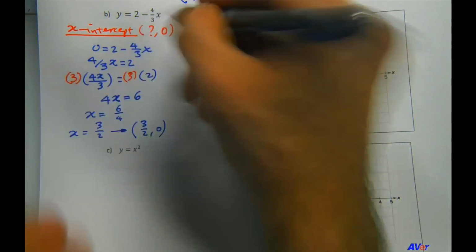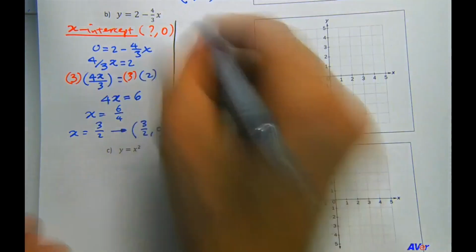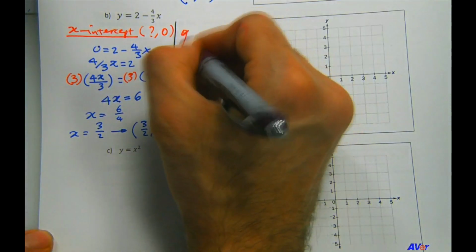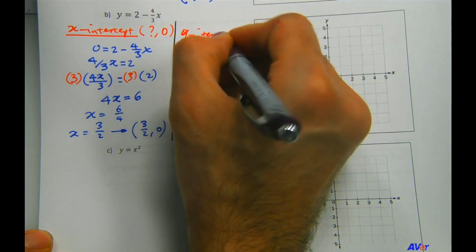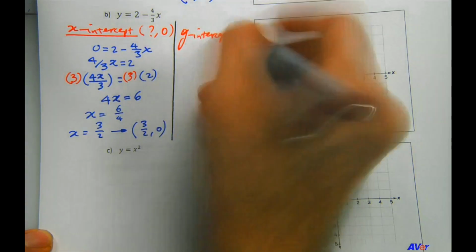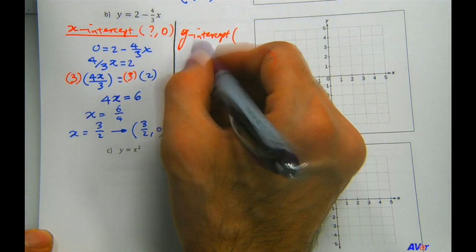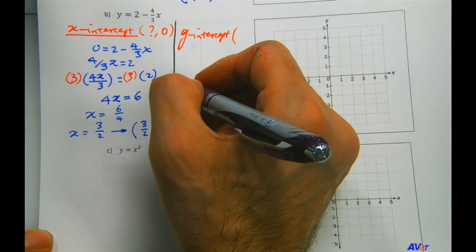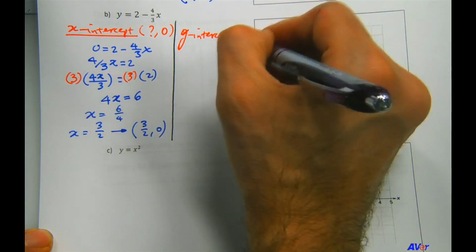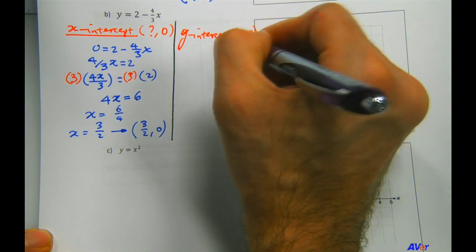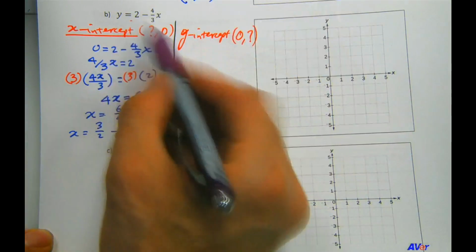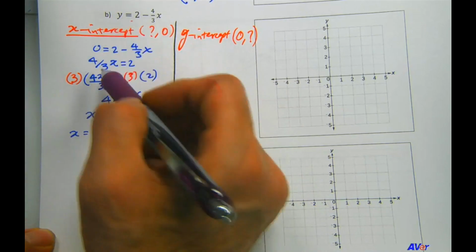Let me put a dividing line here so things don't get mixed up. So the y-intercept, which component is going to be 0 for a y-intercept? If you said x, wonderful. So let's replace x in this equation with 0, and then we're going to solve for y.